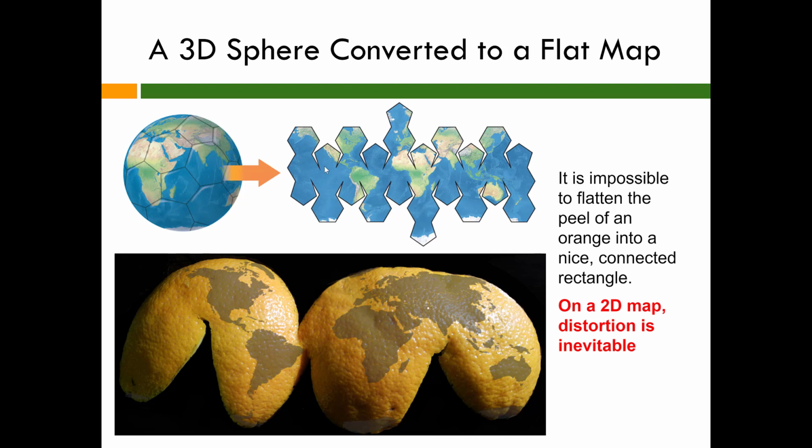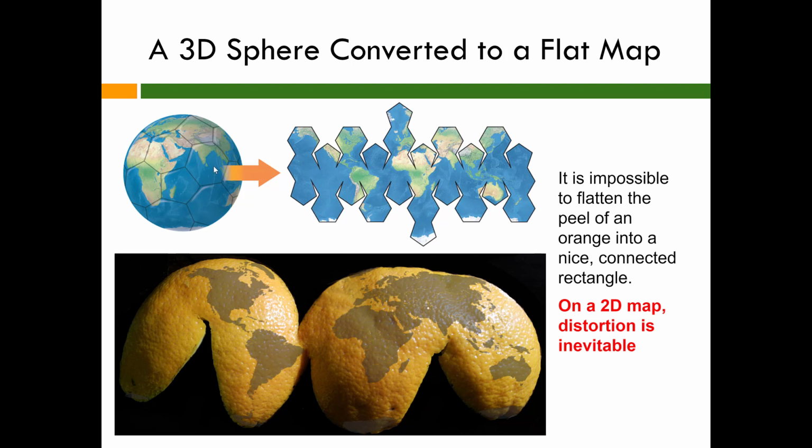Number 2 is, well, as geographers, we use maps more often, right? So one of the jobs is to flatten this 3D sphere, our globe, our Earth, to flat. But it's very difficult, guys. For example, if I ask you to flatten your orange peel on the table, you probably end up with this or worse, right?